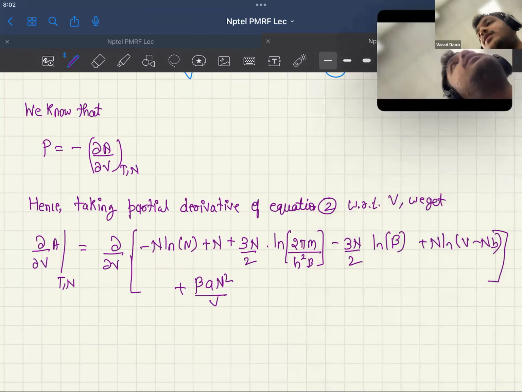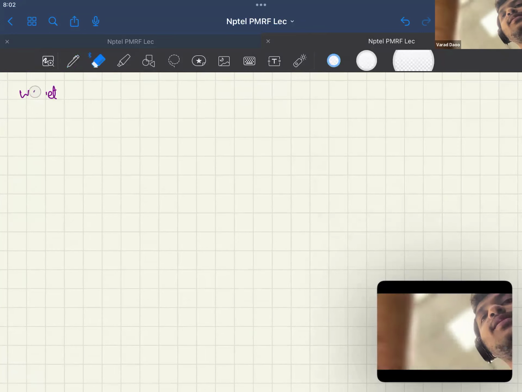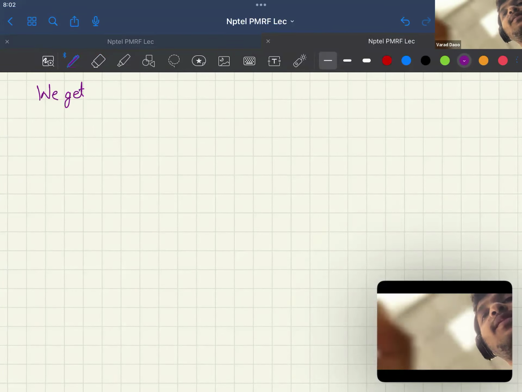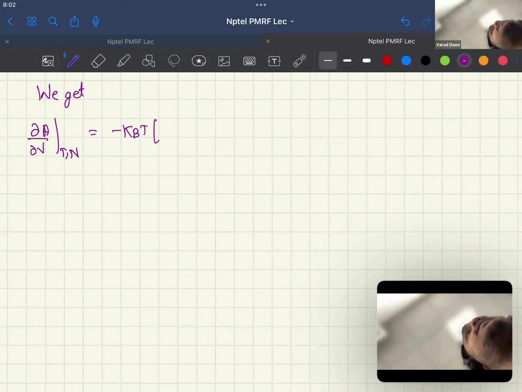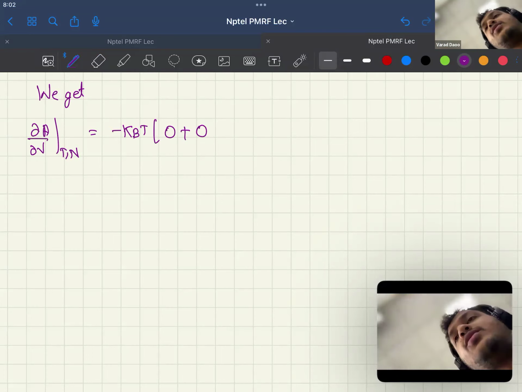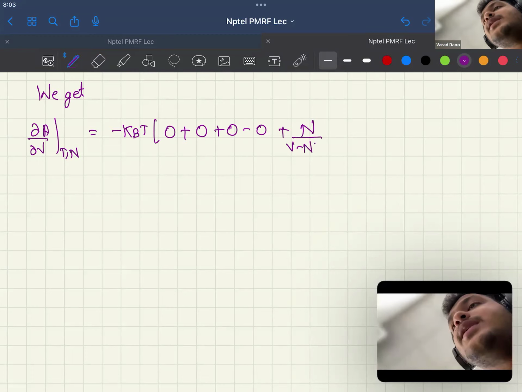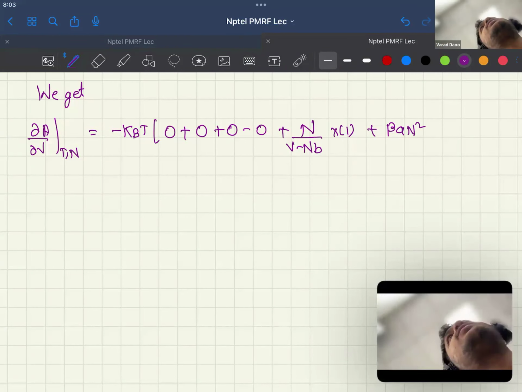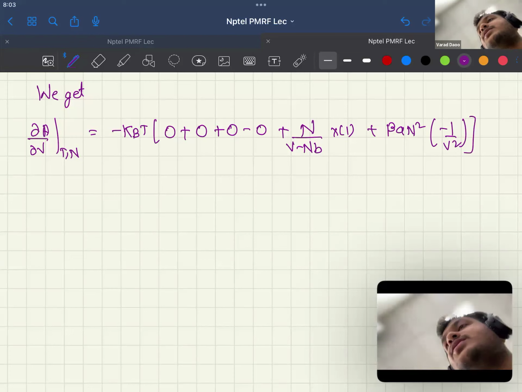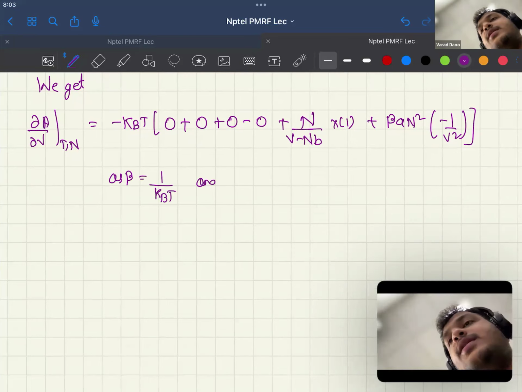As soon as we incorporate constant T, N, all the terms except this one become 0, and we get N/(V − Nb) minus βaN²/V², as β is equal to 1/k_BT and T is constant, right?